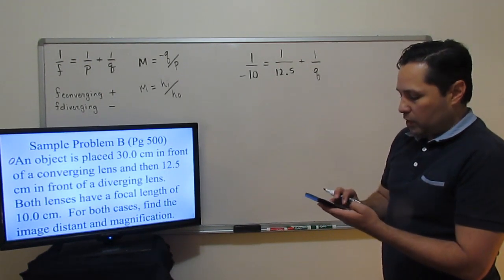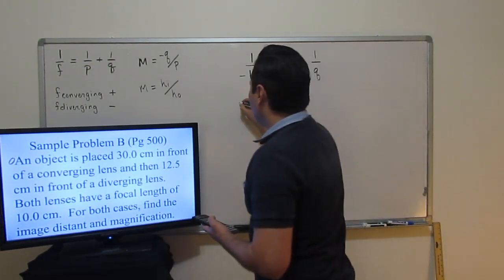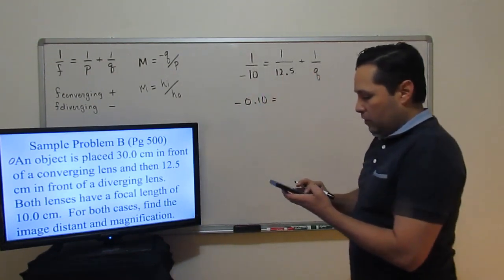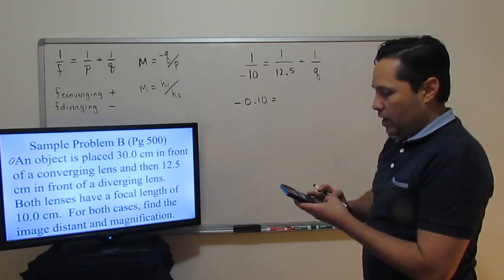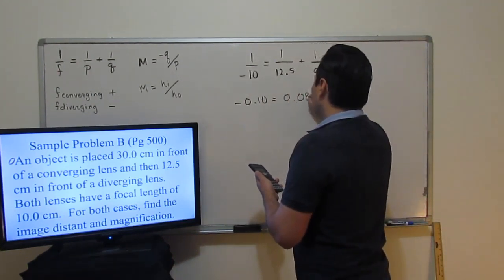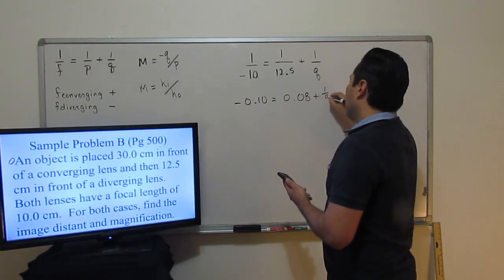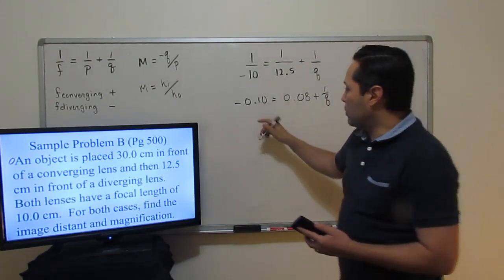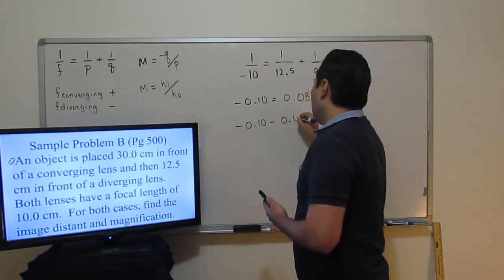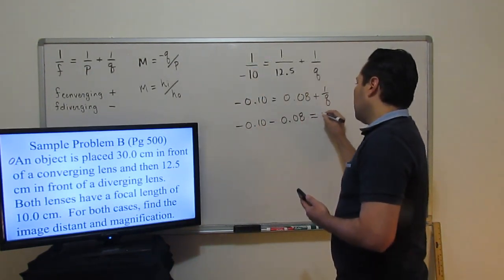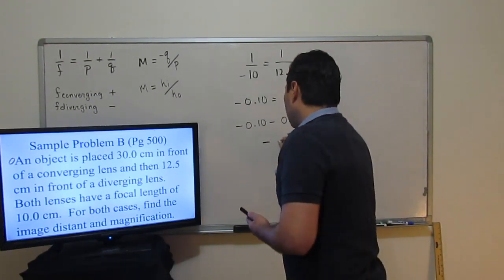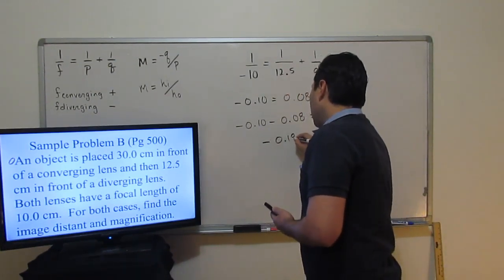So it's going to be 1 divided by negative 10 will give me negative 0.1. 1 divided by 12.5 gives me 0.08. Next, I want to move this 0.08 over on this side, making it negative. I'll put them both together. That gives me a negative 0.18.